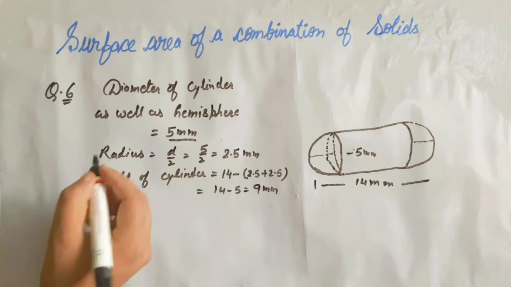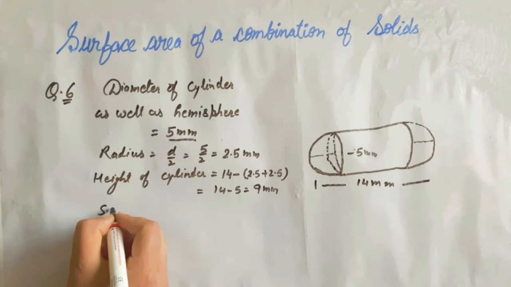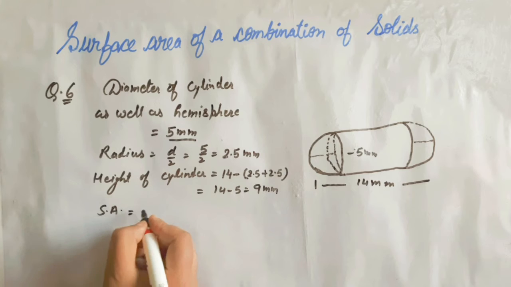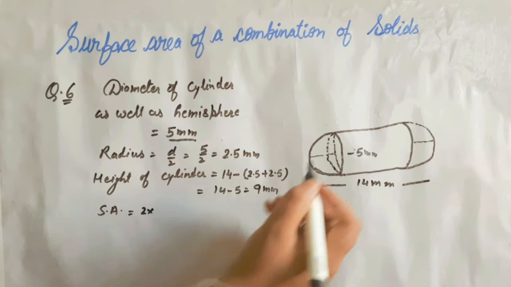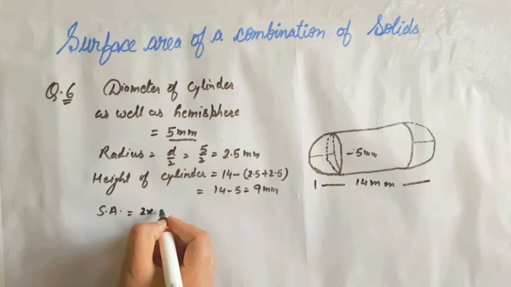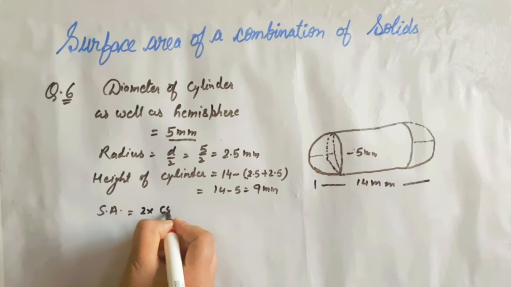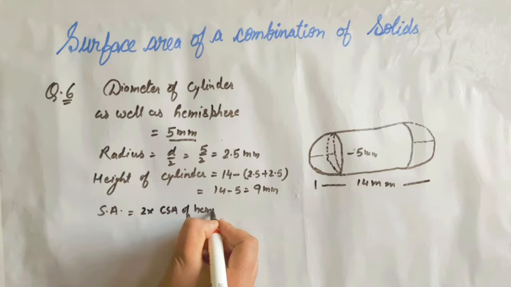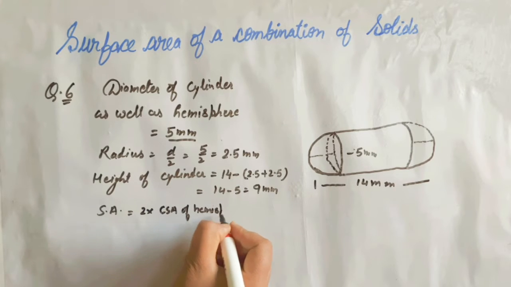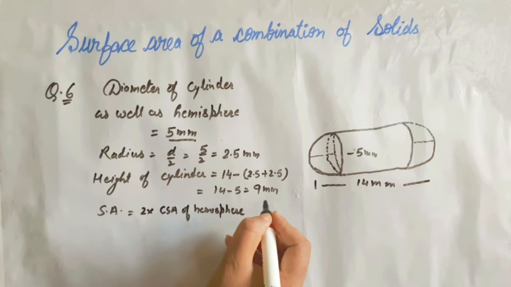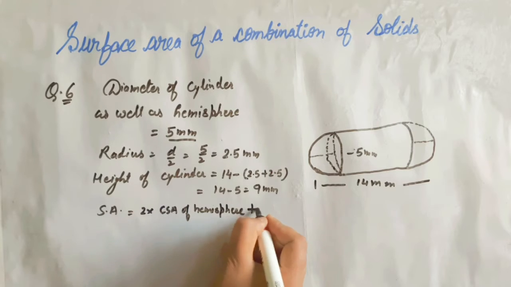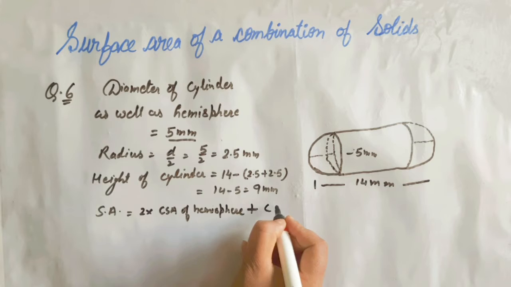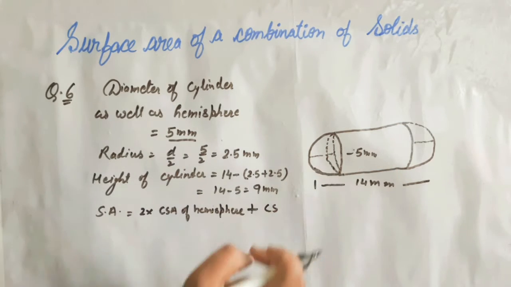Now what will be the surface area of solid? This will be equals to 2 multiplied by 2 hemispheres we have. So CSA of hemisphere, then plus in center we have a cylinder, plus CSA, only curved surface area of cylinder we have.